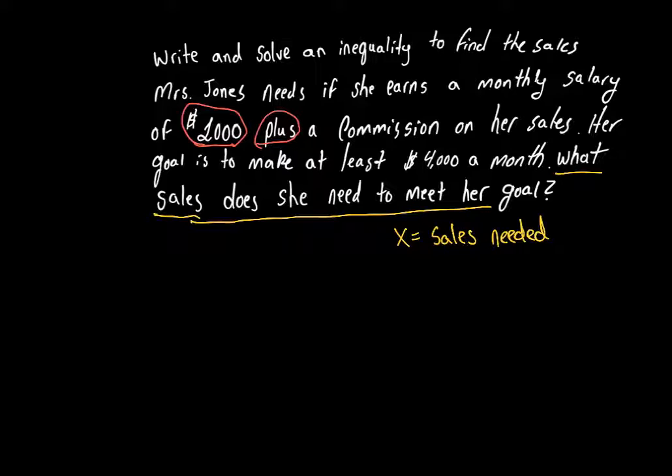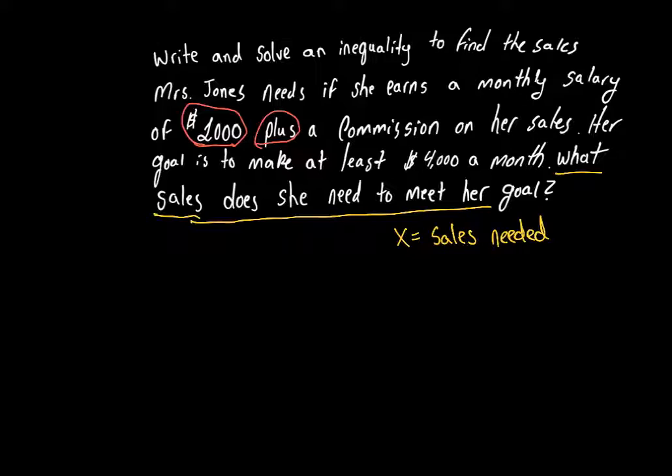So you kind of want to look for math words such as plus, which tells you to add. So we know that we're going to be doing some addition, times, dividing, any kind of keywords that key you into what you're going to be doing with those numbers. So $2,000 plus a commission on her sales.